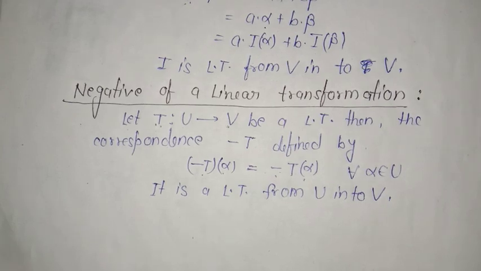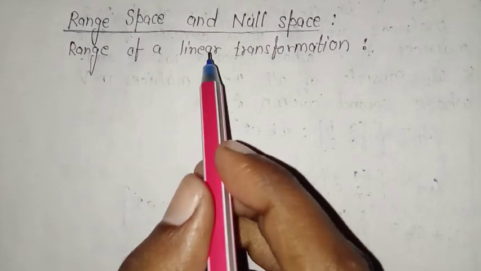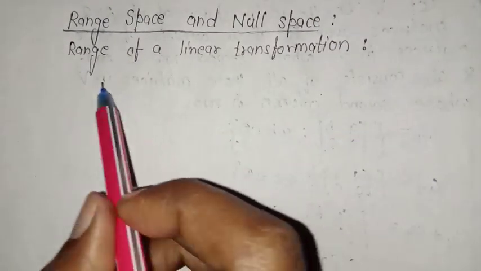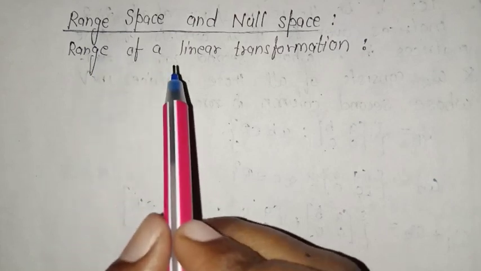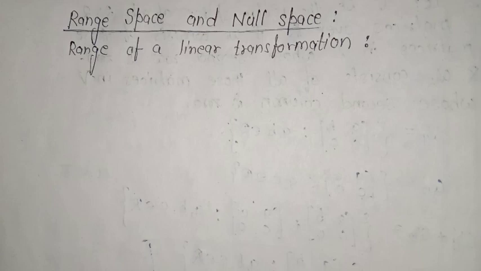Now I am going to discuss a very important topic of linear transformation, that is range space and null space. But before that we have to discuss the range of a linear transformation and null space of a linear transformation.